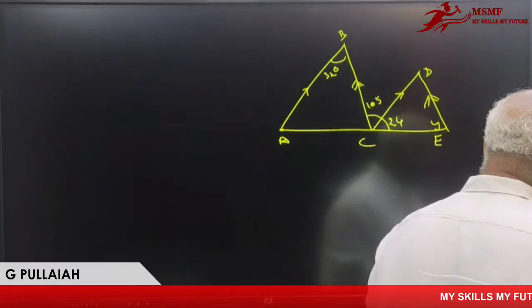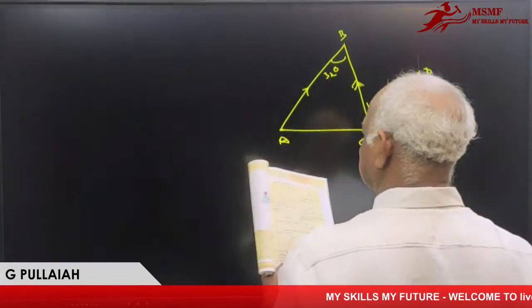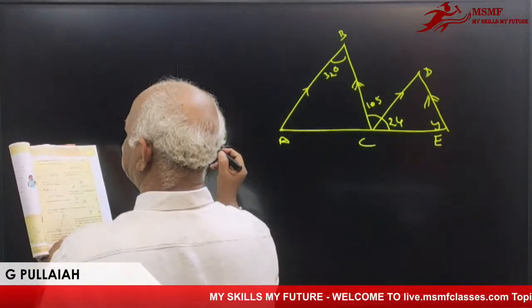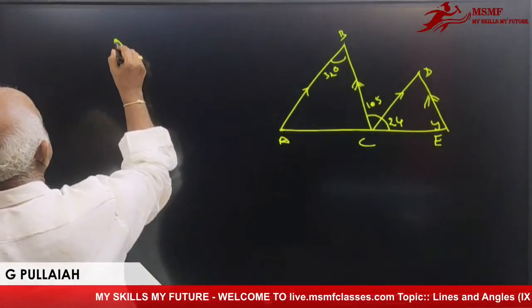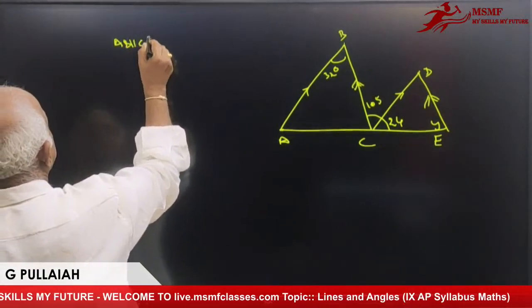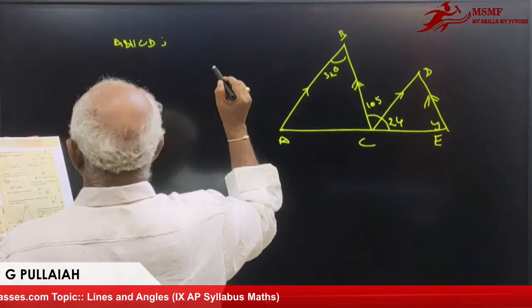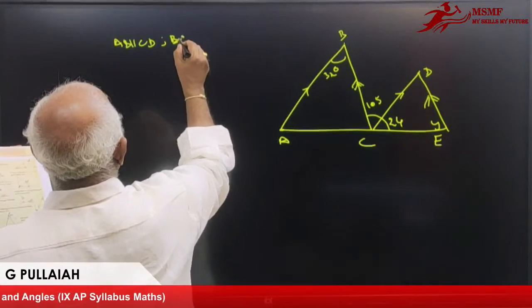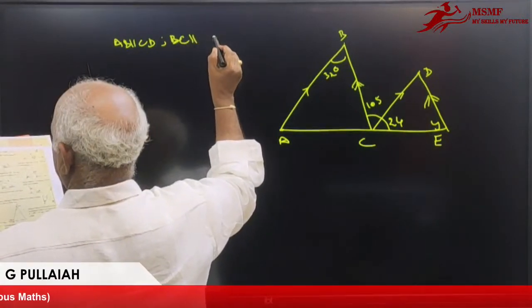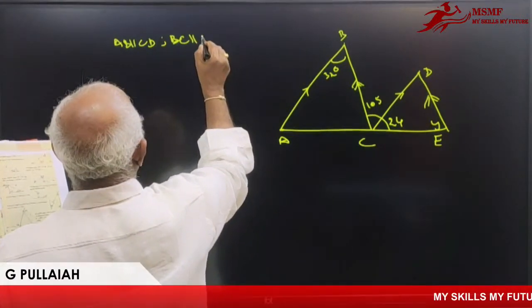So find the value of x and y. Here it is given that AB is parallel to CD and BC is parallel to DE.